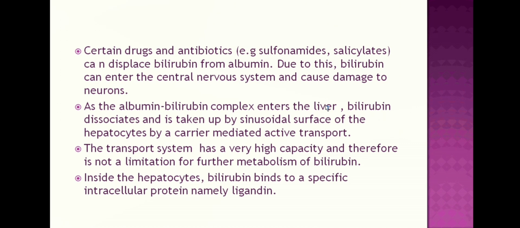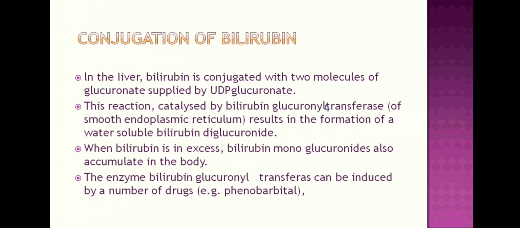As the albumin bilirubin complex enters the liver, bilirubin dissociates and is taken up by the sinusoidal surface of the hepatocytes by a carrier mediated active transport. The transport system has a very high capacity and therefore is not a limitation for further metabolism of bilirubin. Inside the hepatocytes, bilirubin binds to a specific intracellular protein, namely ligandin.